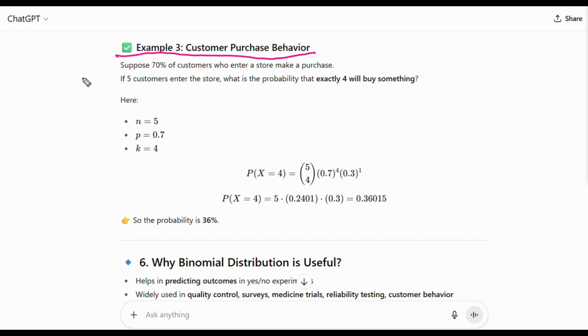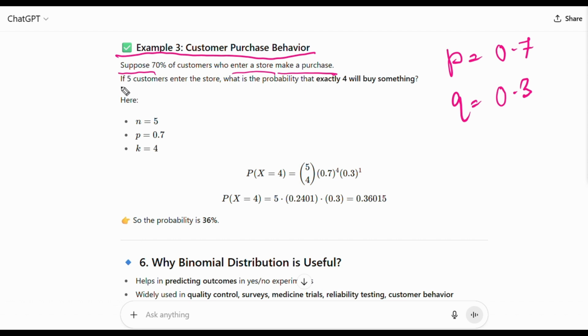Suppose 70% of the customers who enter the store make a purchase. So probability p is 0.7, right? So q will be 1 minus 0.7, that is 0.3.